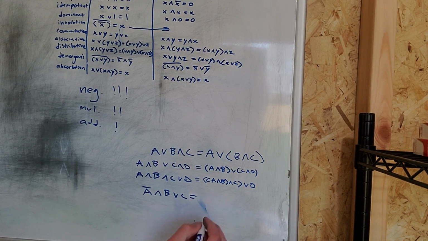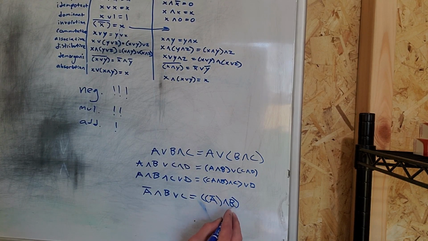You would interpret this as not A, and whatever that value is, and B, whatever that value is, or C.